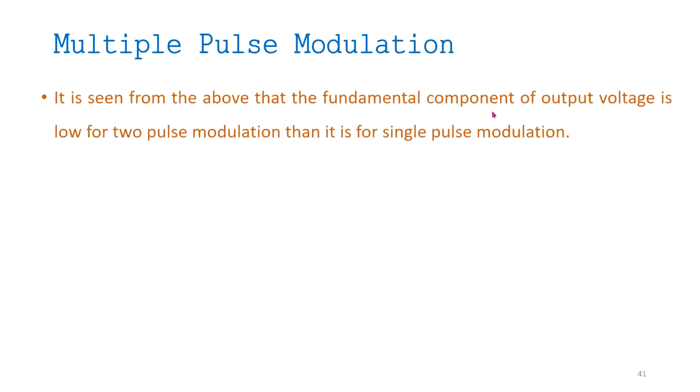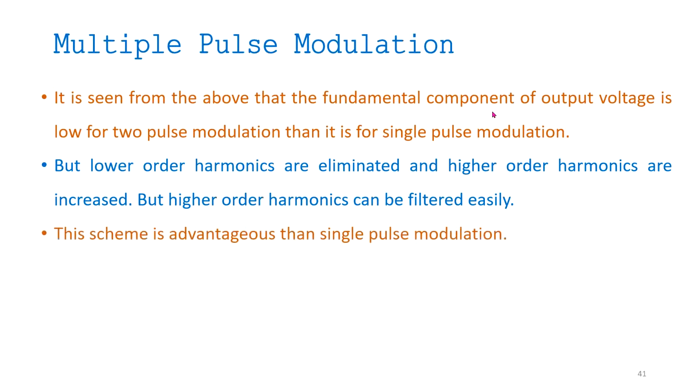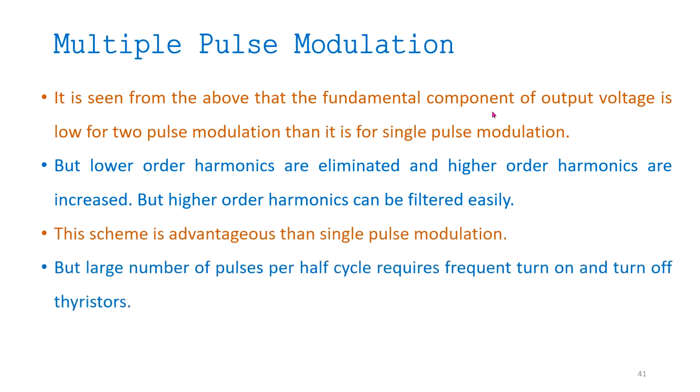Yeah, that's the difference. The scheme is advantageous over single pulse modulation because we want to avoid harmonics. A large number of pulses per half cycle requires frequent turn on and turn off of the thyristor, which will add to the switching loss. That's another bad point. So we need a trade-off.